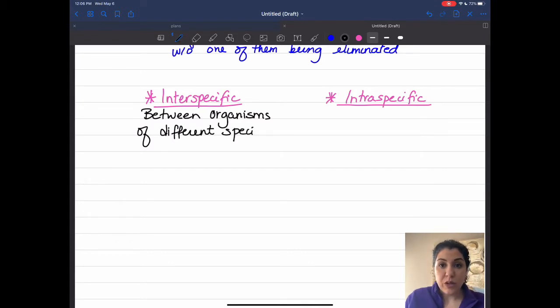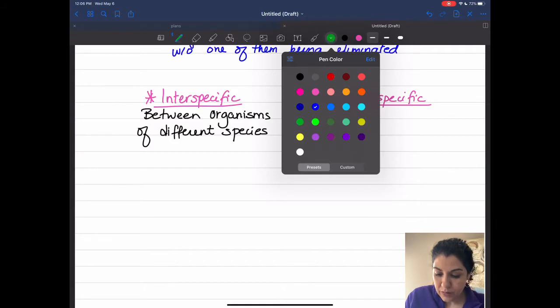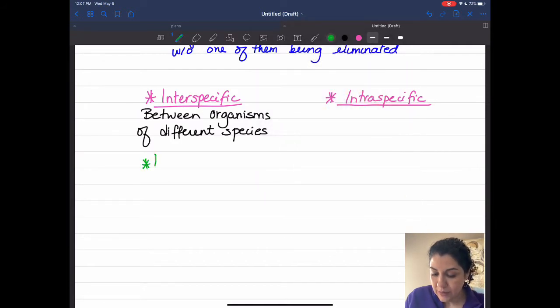Okay. So here, for example, I'm going to use a different color. Right here. Okay. So lions and hyenas competing for the same gazelle. Okay. So we have two different organisms wanting the same resource.